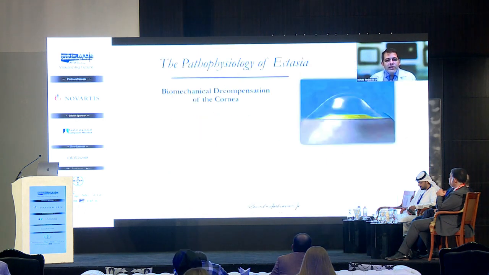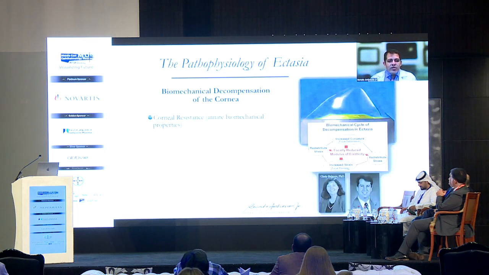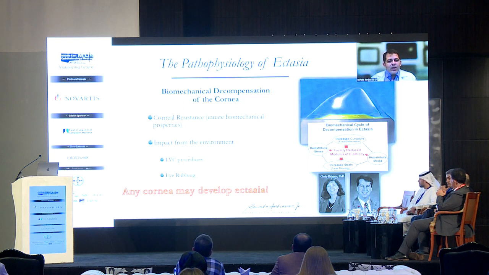Interestingly, those 2 cases allude perfectly to the pathophysiology of ectasia, which is related to biomechanical decompensation, considering corneal resistance and, of course, the impact from the environment. Those are the 2 hit hypotheses described by Dr. McGhee, on the impact from the environment and also the genetics and the resistance of the cornea. So any cornea may develop ectasia undergoing this cycle of decompensation nicely described by Cynthia Roberts and Bill Dupps.